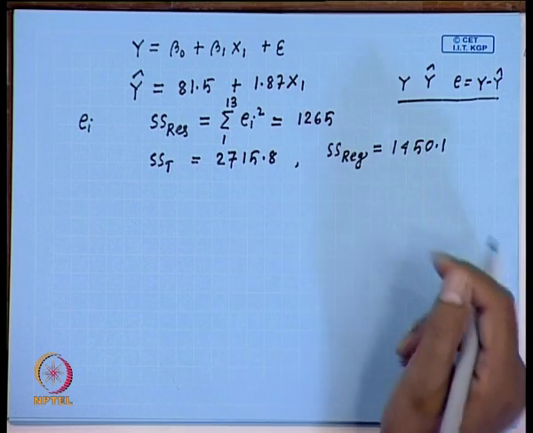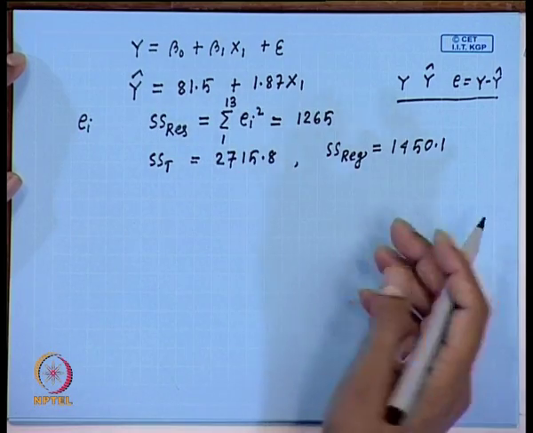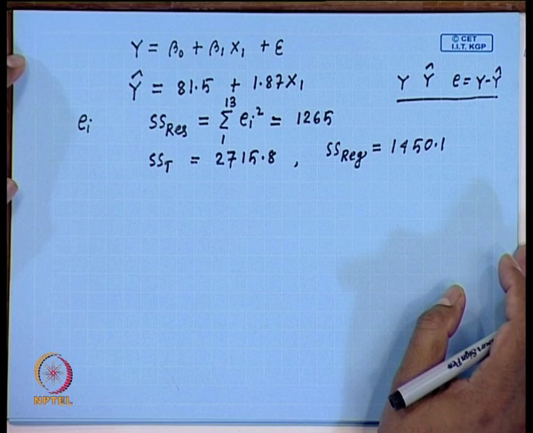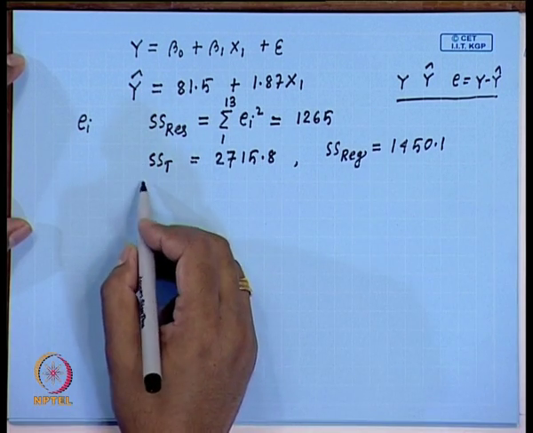I am just trying to give you some idea, given a problem with 4 regressors or 5 regressors, how to apply this all possible regression approach.